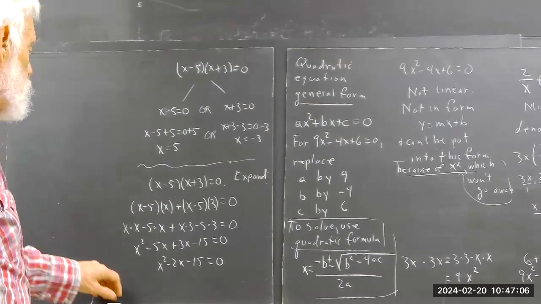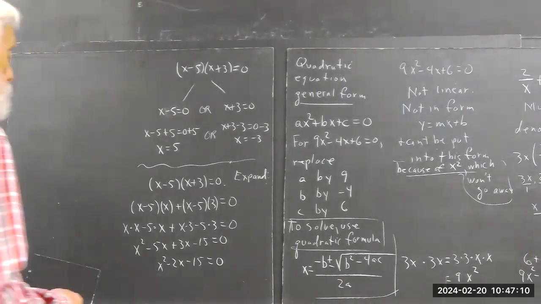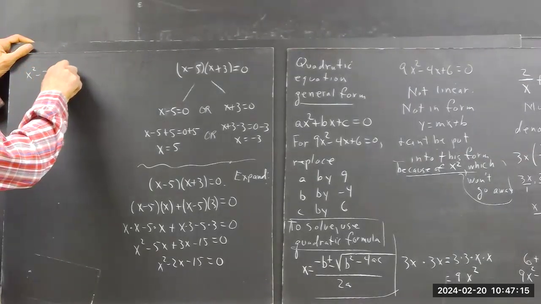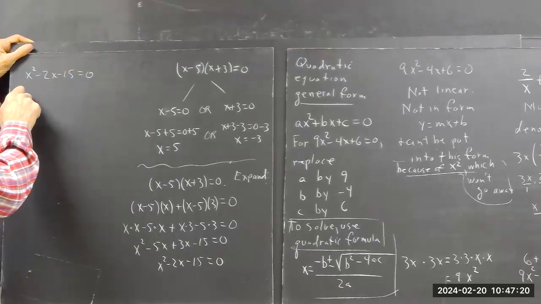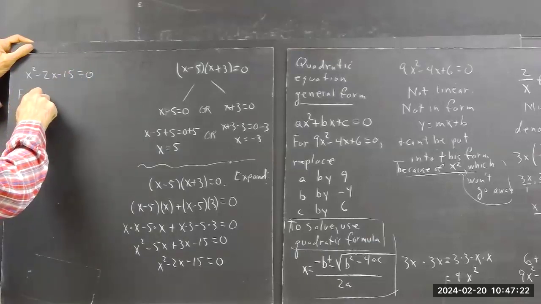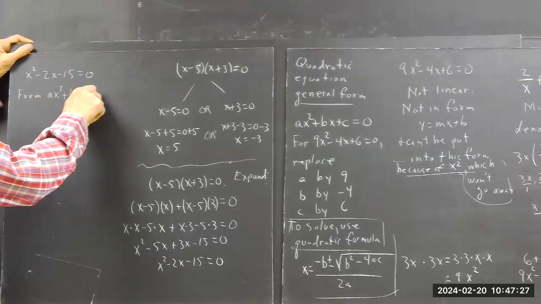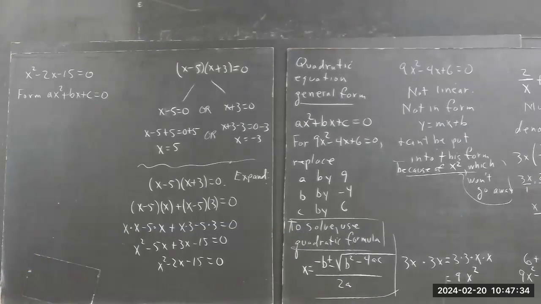Okay. Well, if we now plug this into the quadratic formula, we've got x squared minus 2x minus 15 equals 0. Okay, the form is this. Now, I really recommend that you take notes or go back and look at the videos and write things out as I'm writing them out, or maybe as you see Open Math writing them out.